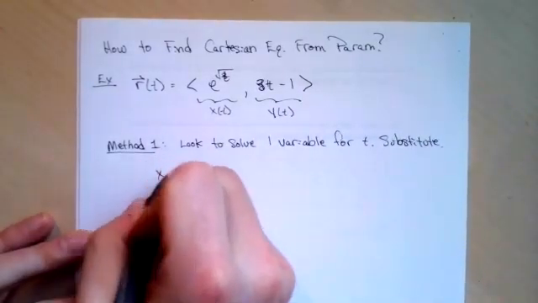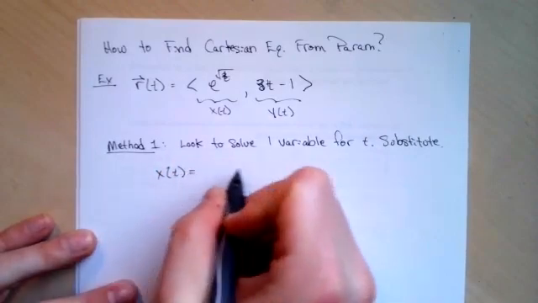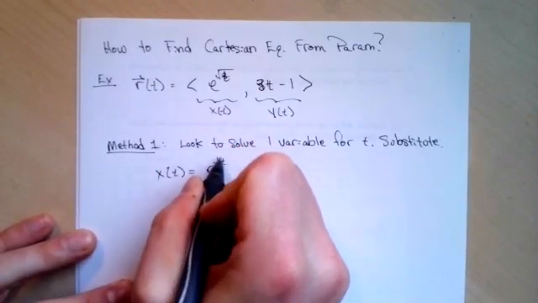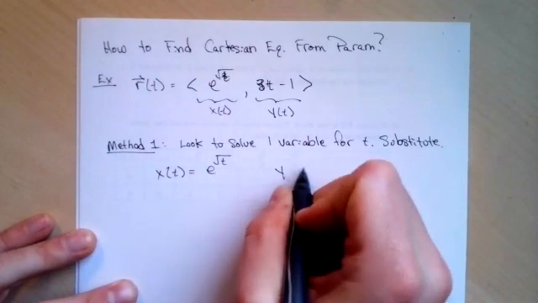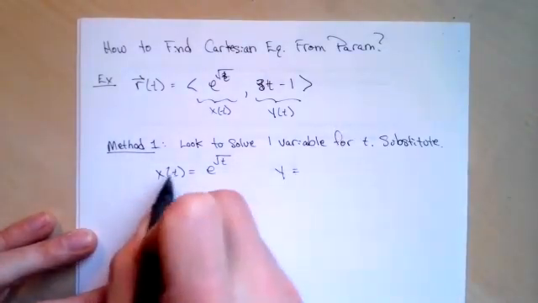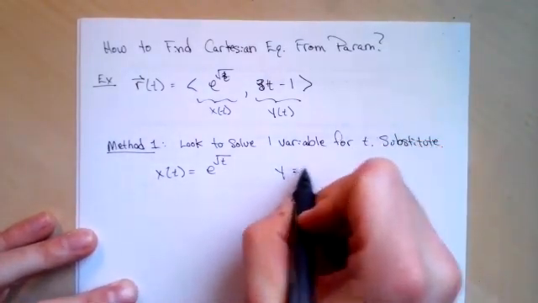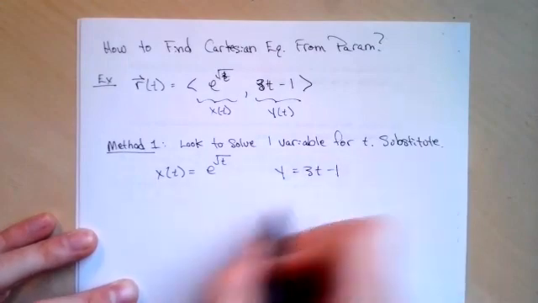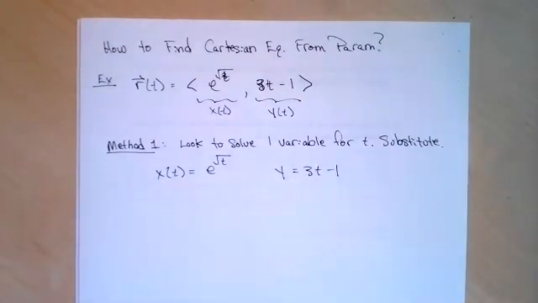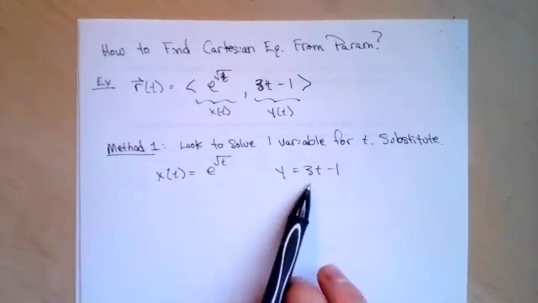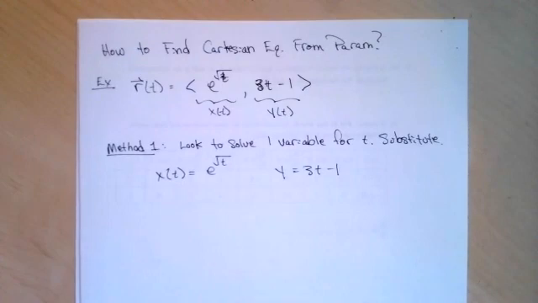So we have x is equal to e to the root t, and y is equal to 3t minus 1. I'm going to drop the argument there. We don't need to keep the x of t when it's implied that x is a function of t, just to make it a little easier on our writing and visually, especially because we are solving for t in terms of one of the other variables.